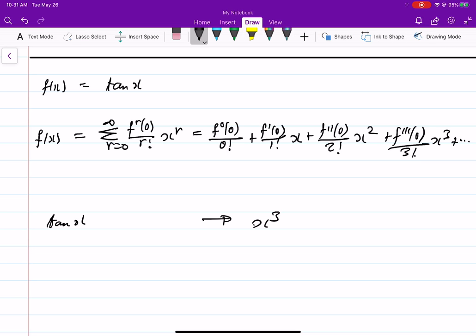The ellipsis at the end simply shows that the series continues, but I'm not interested in the terms after that. I'm only interested in up to x cubed, which means I have to differentiate tan x 3 times.